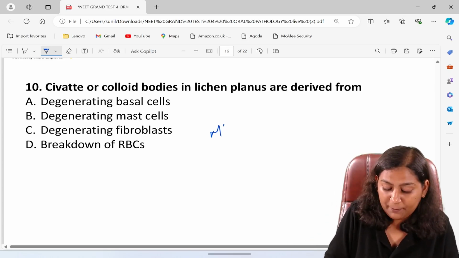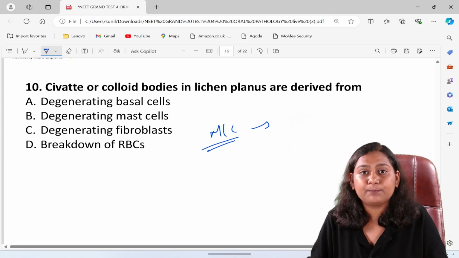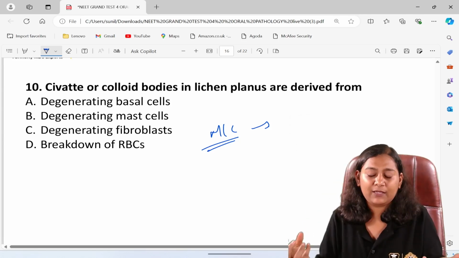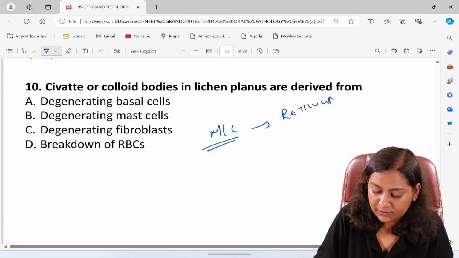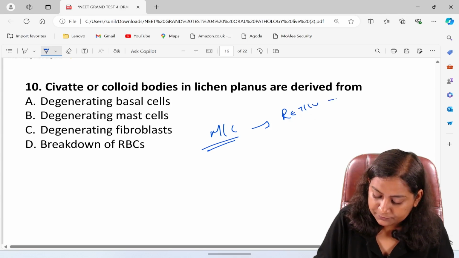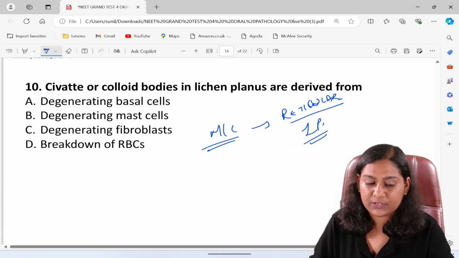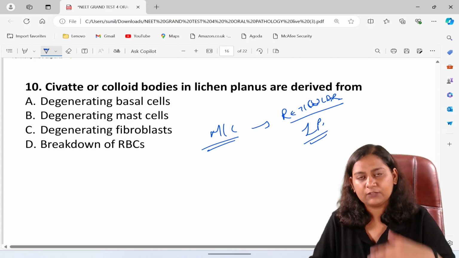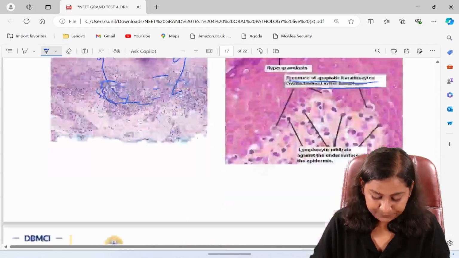And which is the most common type of lichen planus? Both in the oral mucosa as well as the skin, it is the reticular type. So this is mucocutaneous, that means involvement of both the mucous membrane as well as the skin.